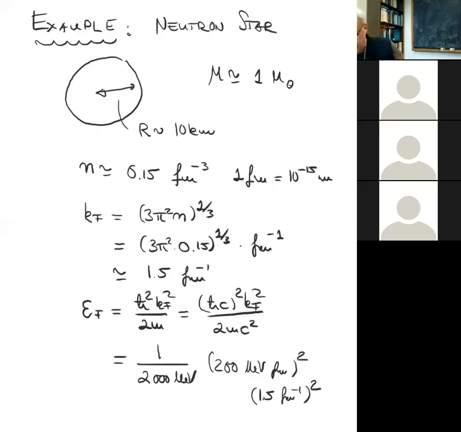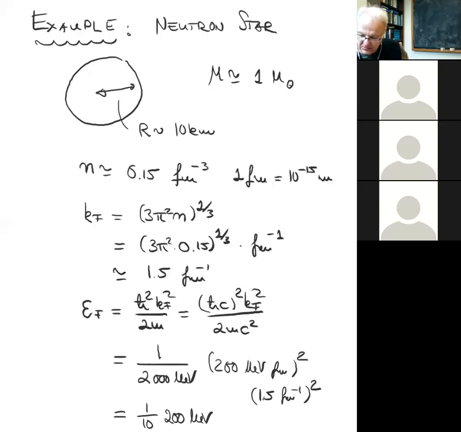So this is overall an energy. So we should still have units of MeV. So that works out. So 200 over 2000 is about 1/10. And then we have 200 MeV times 1.5 squared. So I don't know, what is 1.5 squared? That's somehow 2 and a little bit or something like this. So let's just write 200 MeV.